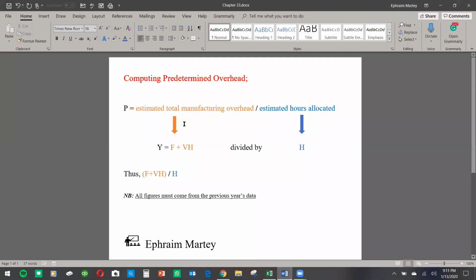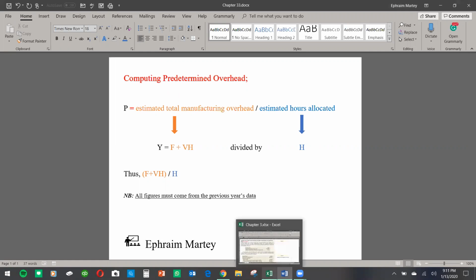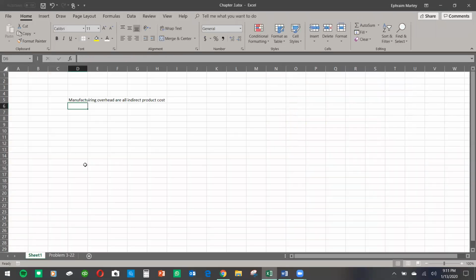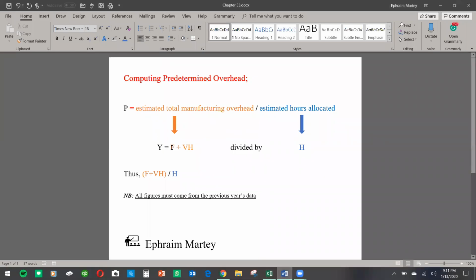Here I have prepared how to compute the predetermined overhead rate. You'll remember in my previous video, I explained what total cost is: y equals a plus bx. Here I've replaced a with F, b with V, and x with H to make things easier and very simple to understand.